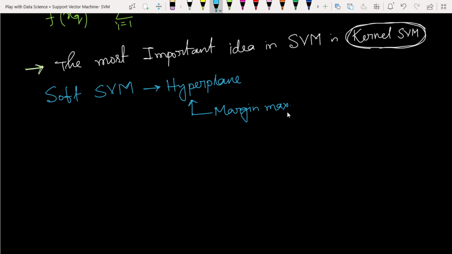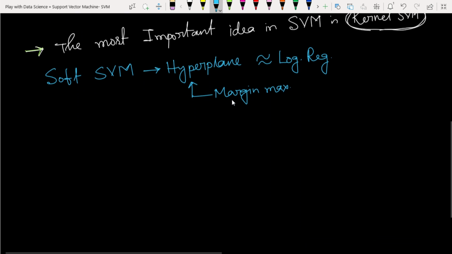It is a similar concept to logistic regression. These both things are the same kind of concept, and they work properly if our data is linearly separable or almost linearly separable. This does not work for non-linearly separable data.